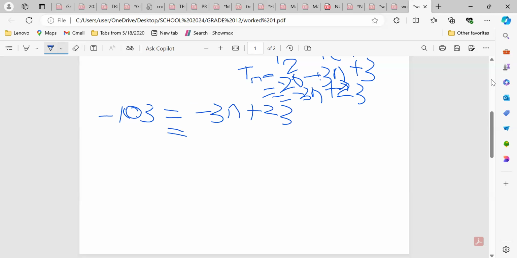Then we transpose. Yeah. Verify negative 126. Then over there, negative 3.